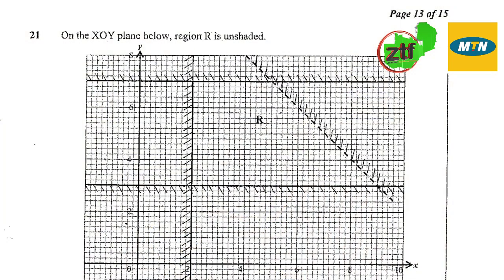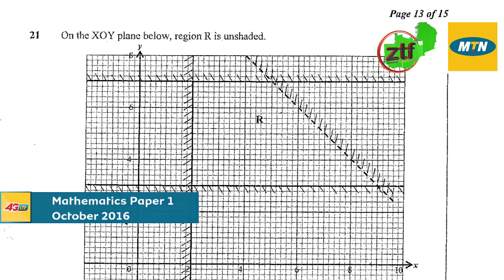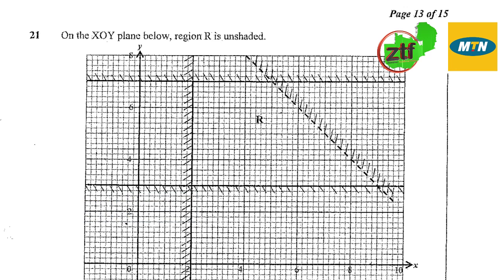When you look at that question, we have been given a diagram, and on that diagram we have a graph with the x-y plane, which is the Cartesian plane, and we have some constraints on this Cartesian plane.